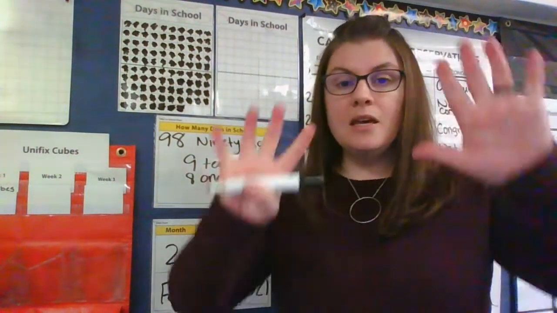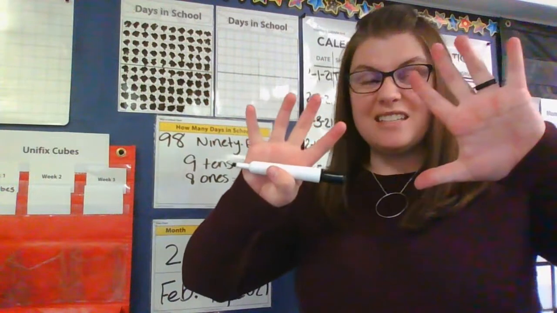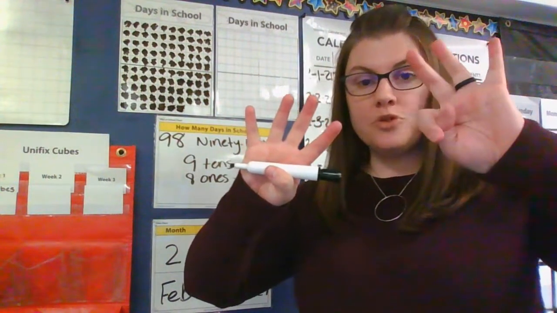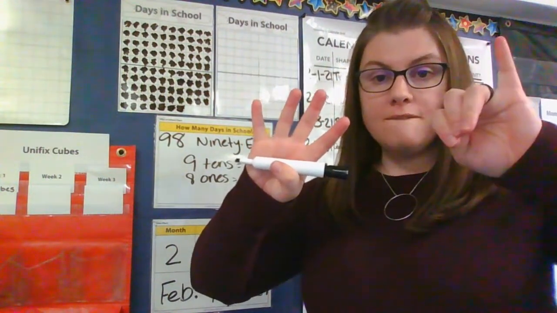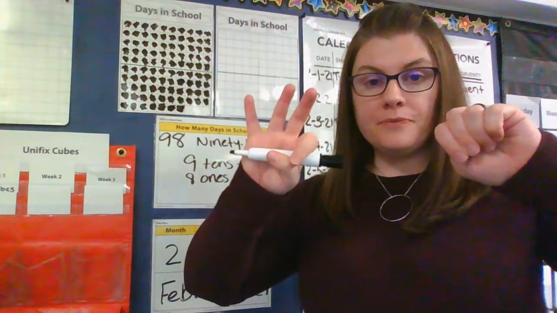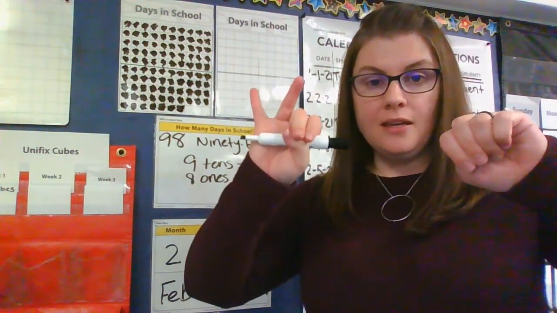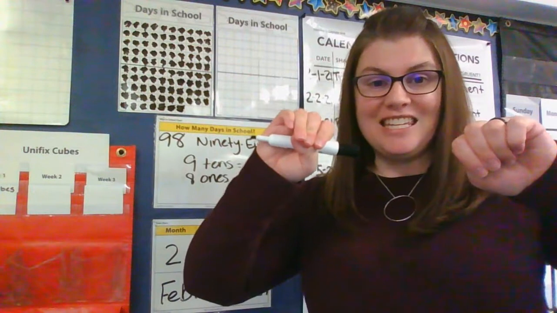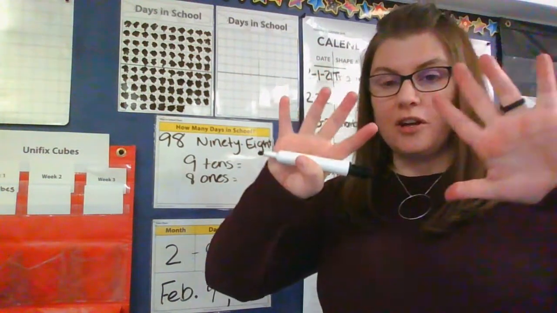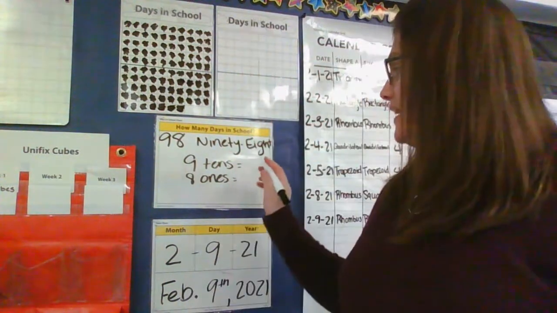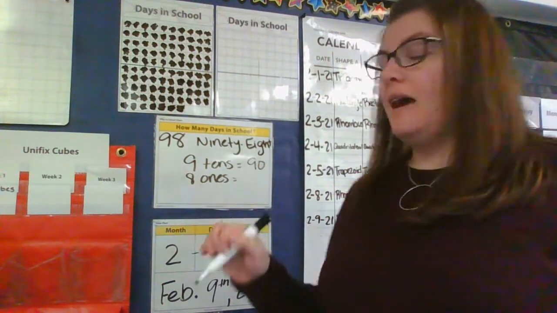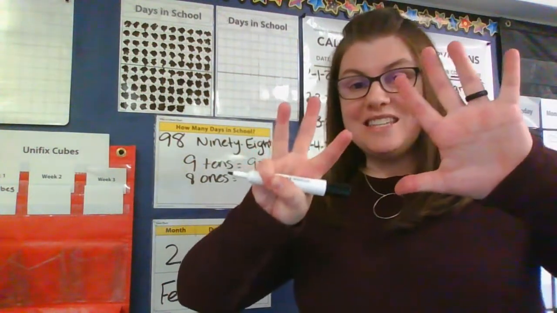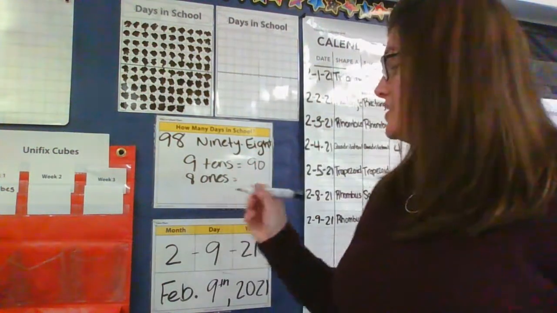Okay, 9 10s means we have 9 groups of 10 days. Let's count by 10. 10, 20, 30, 40, 50, 60, 70, 80, 90. 9 10s means we have 90 days. And then 8 individual days all by themselves means we just have 8.